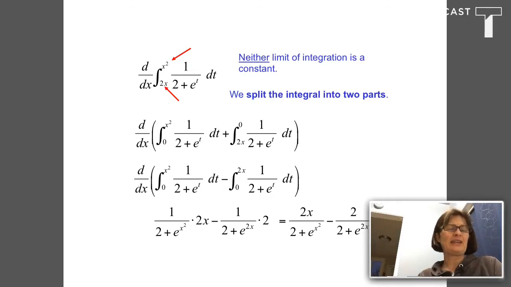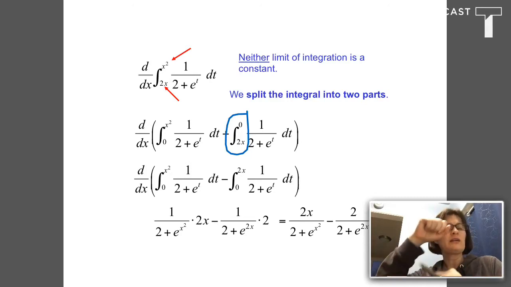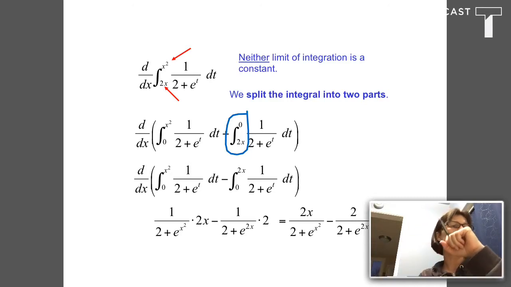So here in this slide, they actually wrote those in the opposite order, but you can see that it doesn't matter. Now I'm going to take the derivative of the integral from 0 to x squared of this integrand. Here I have the integral from 2x to 0. Has the limits in the wrong spot. So I need the constant as the lower limit and the function of x as the upper limit. So I'm going to change this to subtraction and switch those limits.